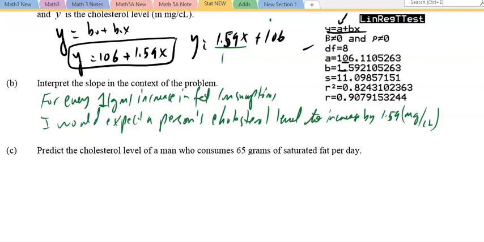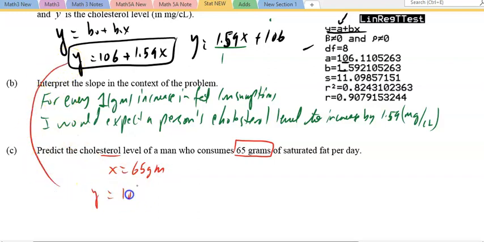Predict, this is what we use these for. Predict the cholesterol level for a man whose consumption is 65 grams. If x equals 65 grams, what does y equal? y equals 106 plus 1.59 times 65. If you plug it in the calculator, that turns out to be 209.35 milligrams per centiliter.